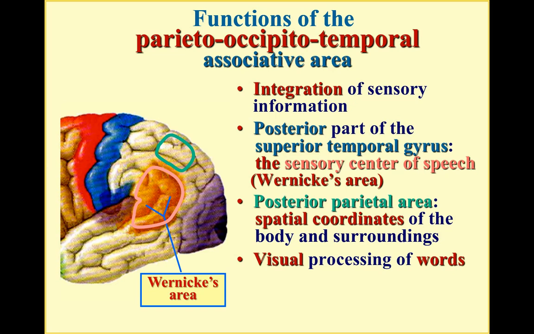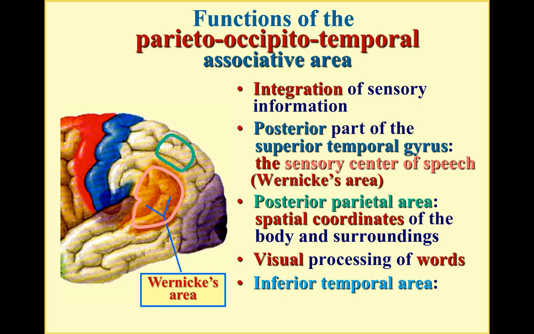But to extract the meaning of words, to understand what these symbols mean, it's necessary to have the participation of the Wernicke's area. And there should be pathways that connect the visual cortex in occipital part with this Wernicke area, and then processing results in understanding of the meaning of words.